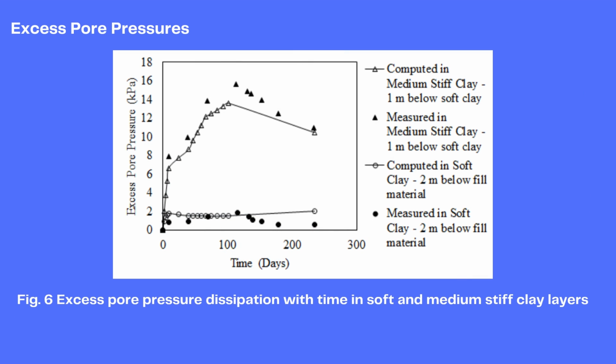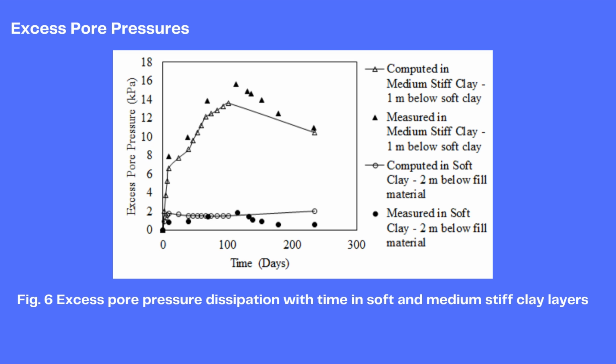These are the excess pore pressures. They are very low 1 meter below the soft clay layer, and 2 meters below the soft clay. They are very low, and in the stiff clay layer, 1 meter below the soft clay, pore pressures are very high.